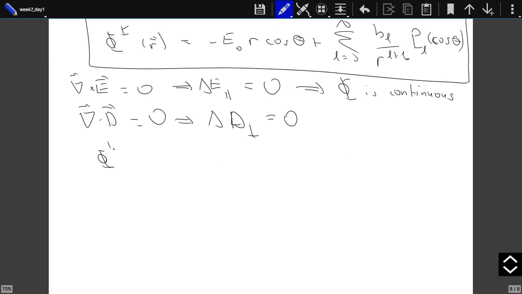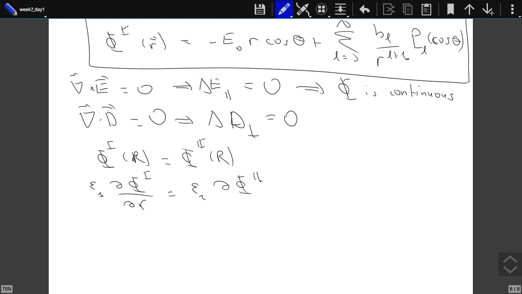Instead of the small r, put capital R and equate the two, and you are done. The perpendicular component of the displacement field is nothing but the derivative of phi with respect to r. So phi 1 at capital R is equal to phi 2 at capital R. This is one condition that phi should satisfy.